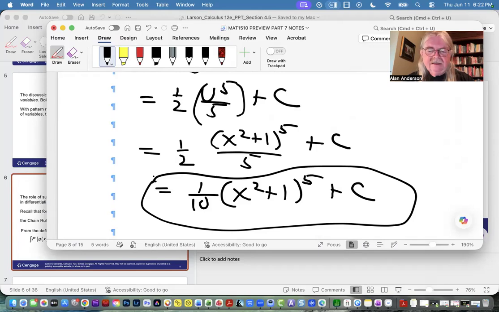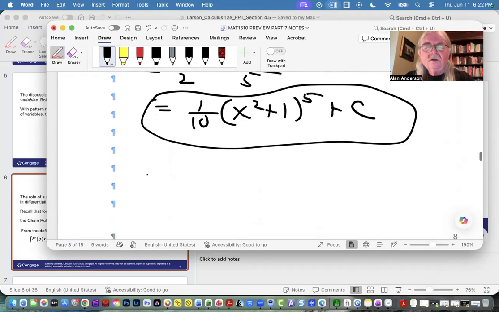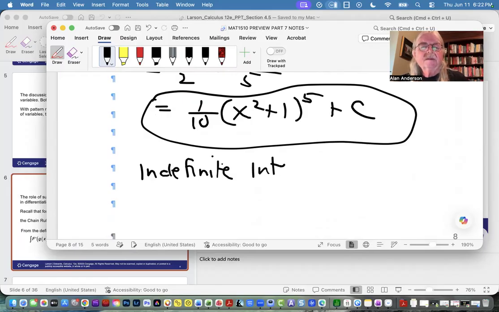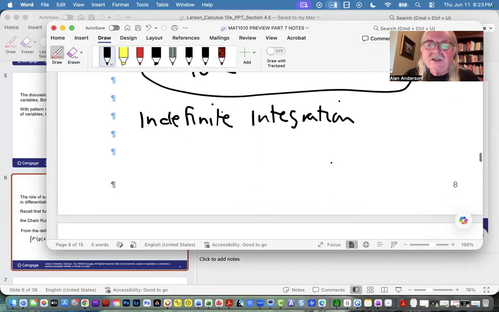All right. Now, all of these examples were based on indefinite integration. Okay, so what about definite integration? Does anything change?